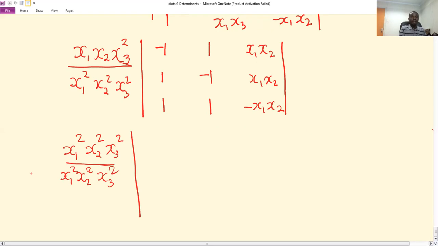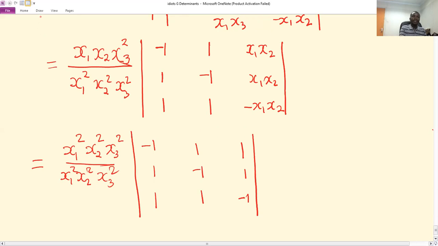Then determinant of negative 1, 1, 1, 1, minus 1, 1. Now this will be 1, 1, minus 1. There's no sin we have committed.